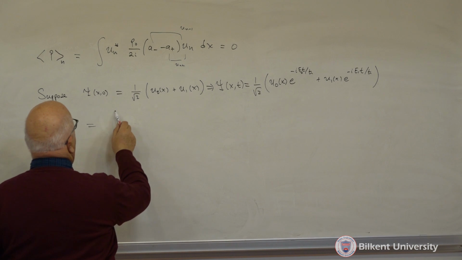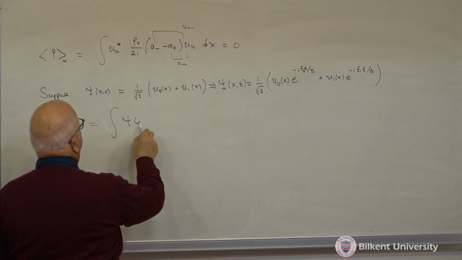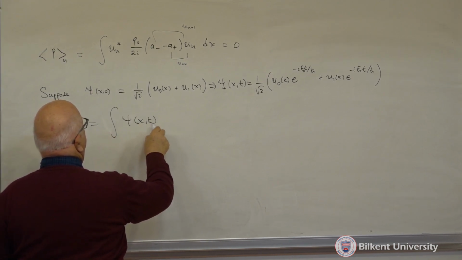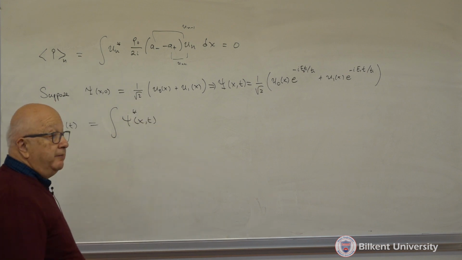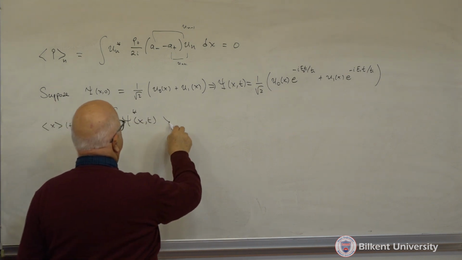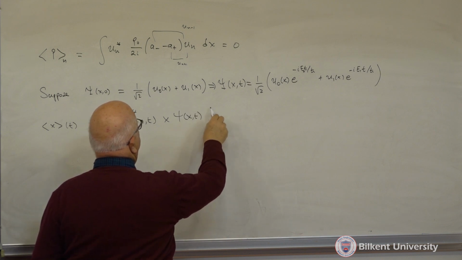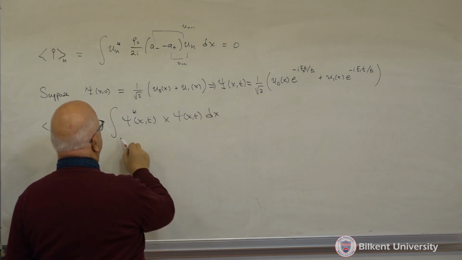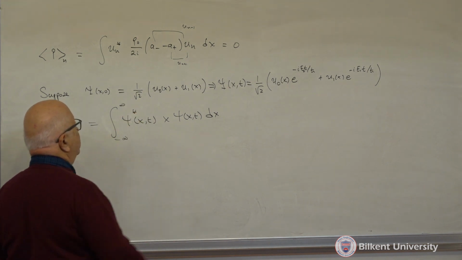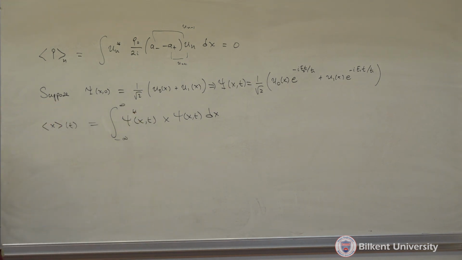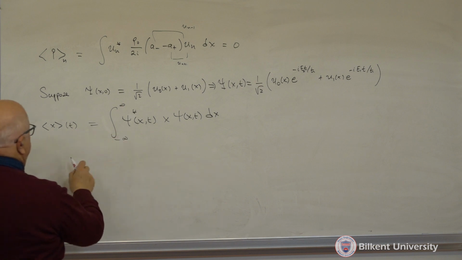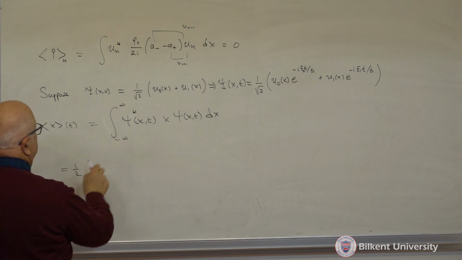Now, let's see what is happening. What we are going to do is take the complex conjugate of psi xt, put x in the center, psi xt dx from minus infinity to infinity. So what do I get? I get 1 over 2, right?